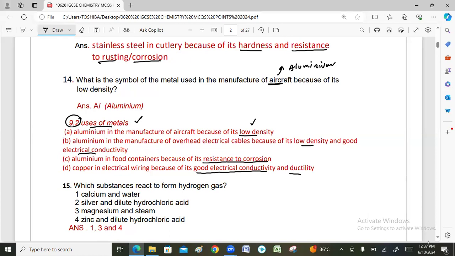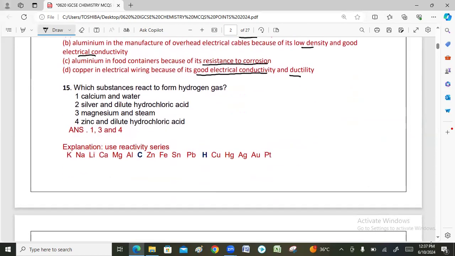Now, question number 15: which substances react to form hydrogen gas? Calcium and water. First of all, look at the reactivity series. This is the reactivity series of metals along with two reference points, carbon and hydrogen. They are not metals.